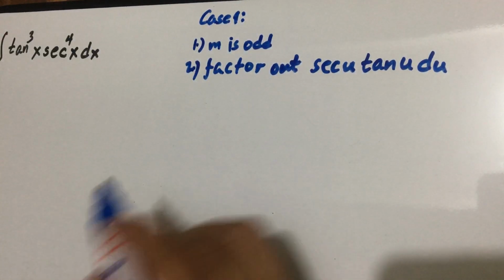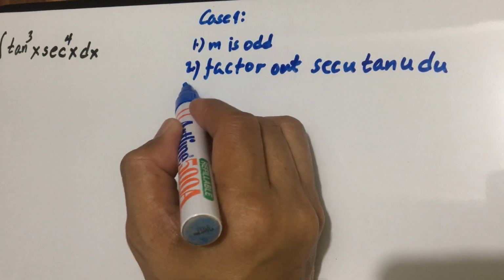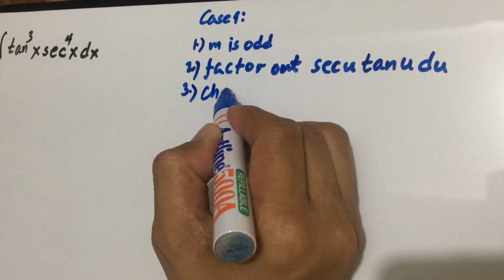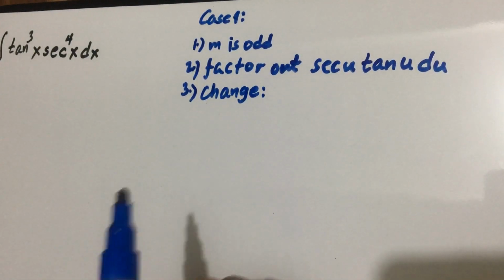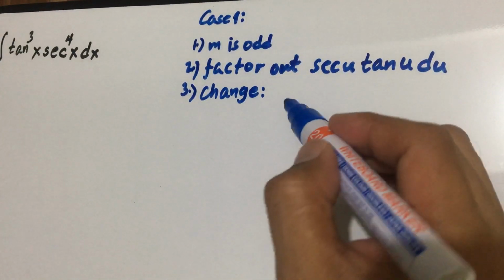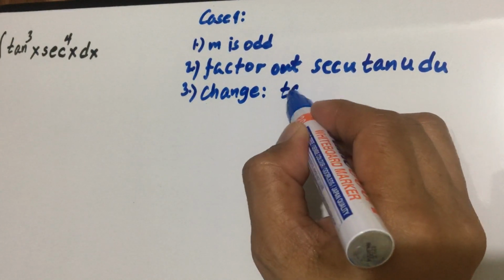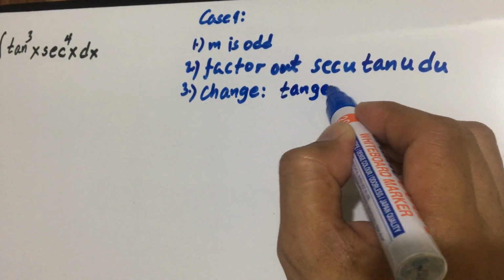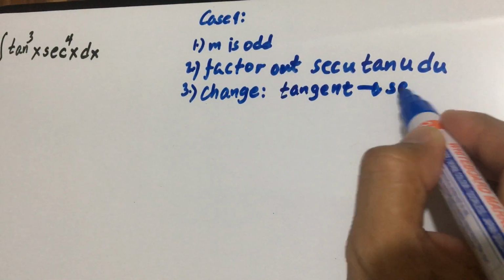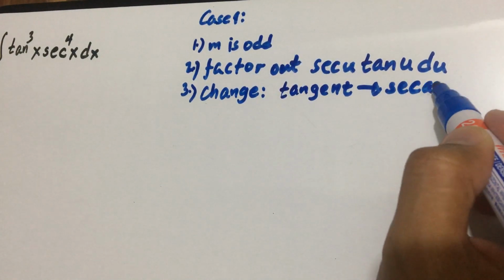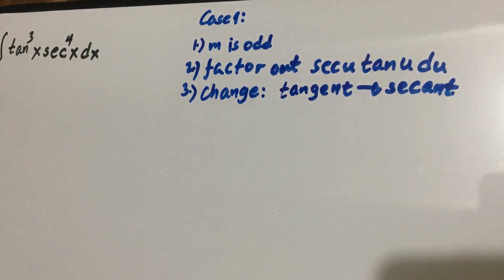After that we have to change tangent to secant. Those are the things that we need to remember.